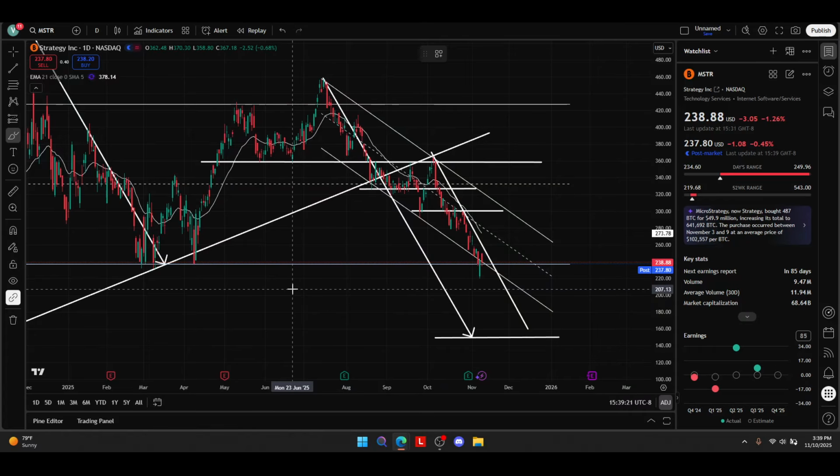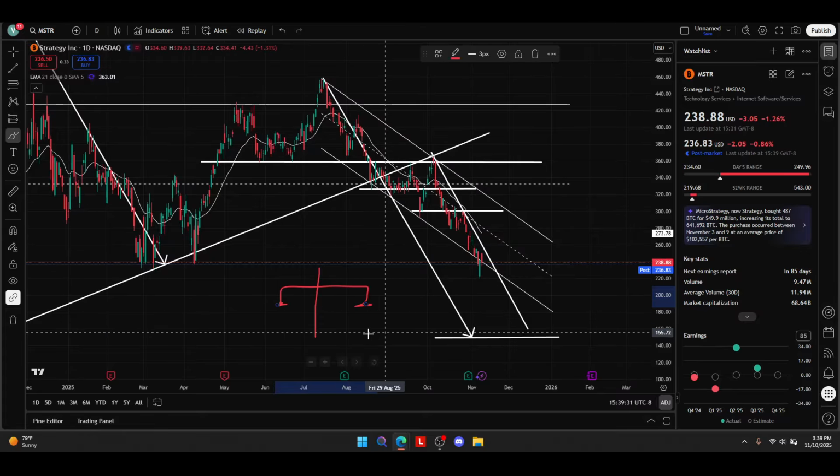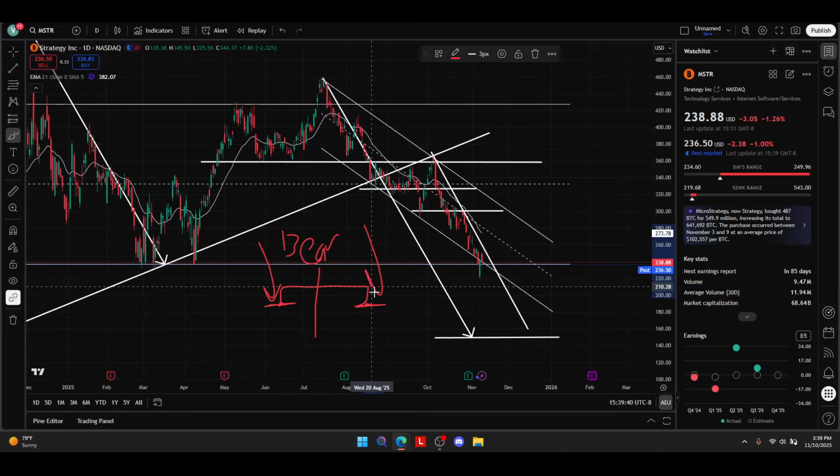Think of it as a scale, right? You see those scales that have the pan right here and then the arm like this. So think of a scale like this, and all this is the bearish side, and all this is the bullish side.